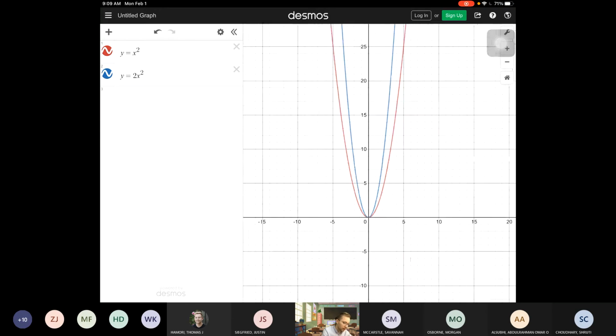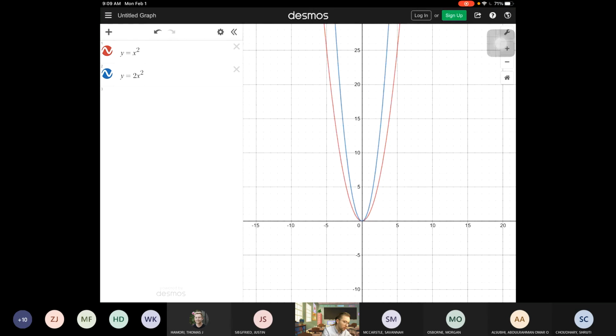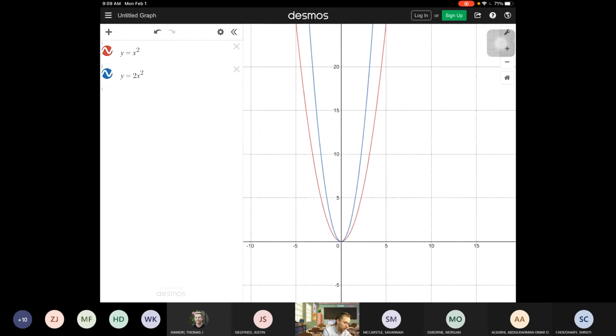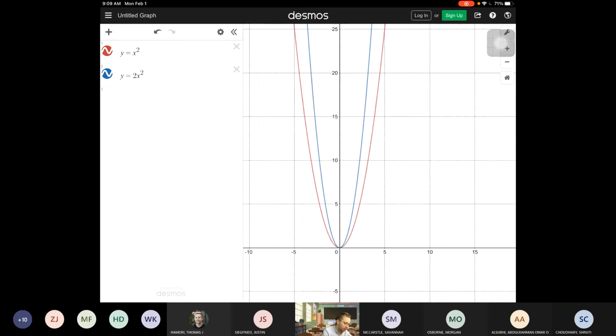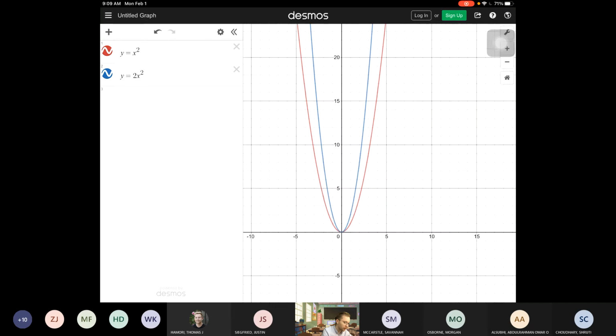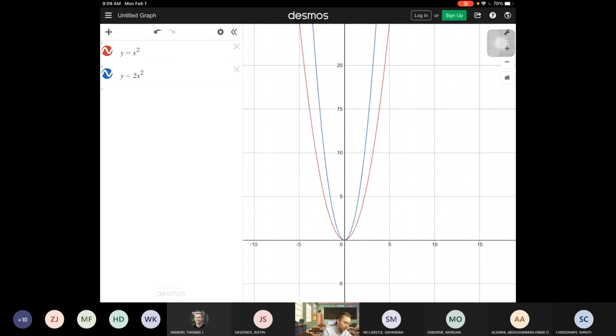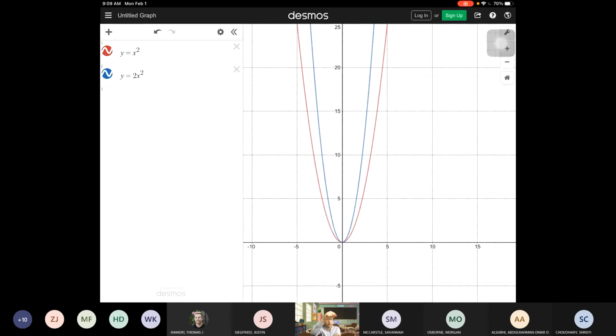So what does it look like? It looks like we just took the whole thing as if it was on, I don't know, a piece of rubber. And we took our piece of rubber and we just stretched it vertically, and it distorted this graph here to look like it is kind of taller and skinnier.